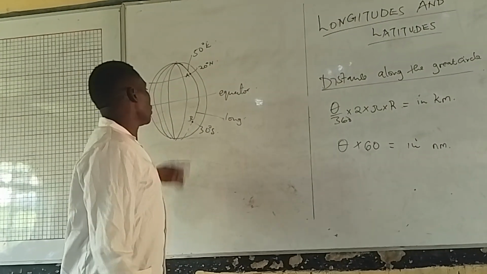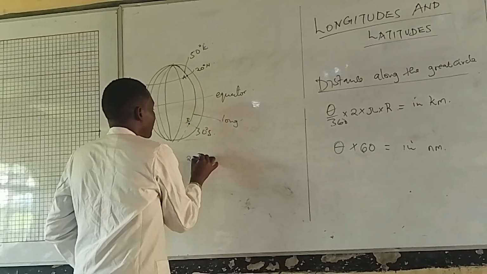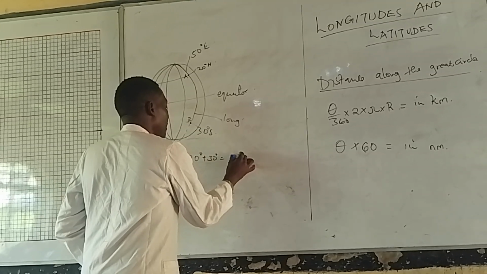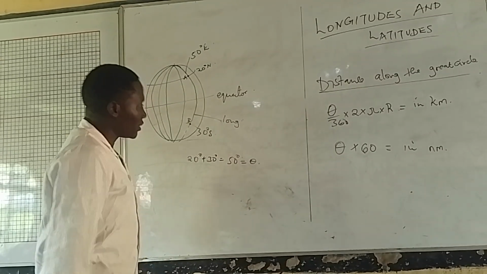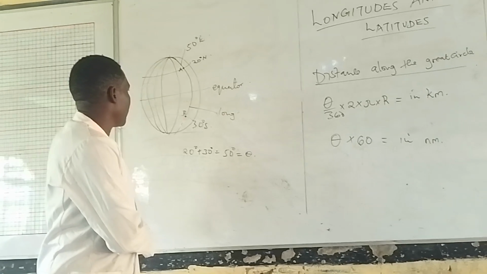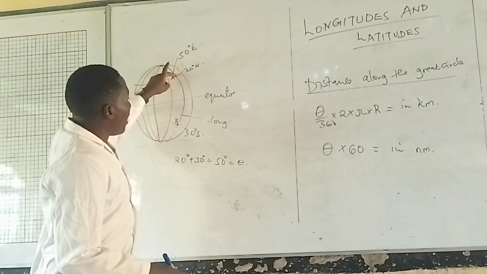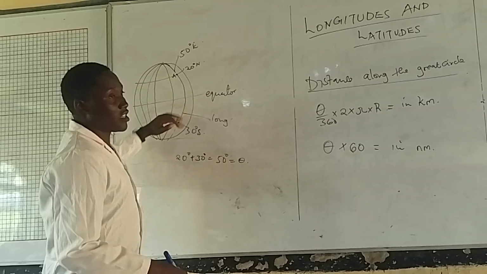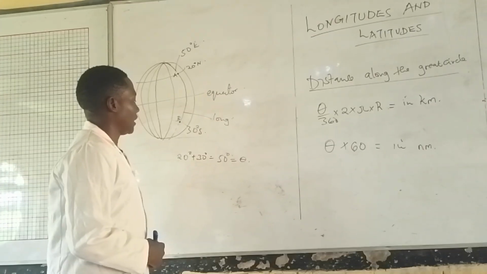Am I clear? It's going to be 20 degrees plus 30 degrees to get 50 degrees. That becomes our theta. To get the angle difference between these two points, we add because they are on opposite sides. Good.